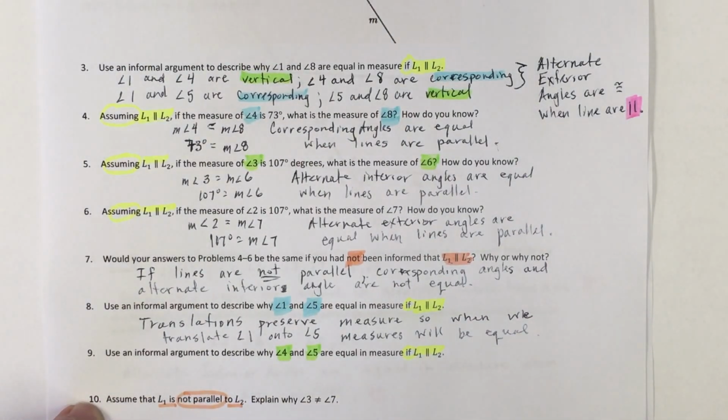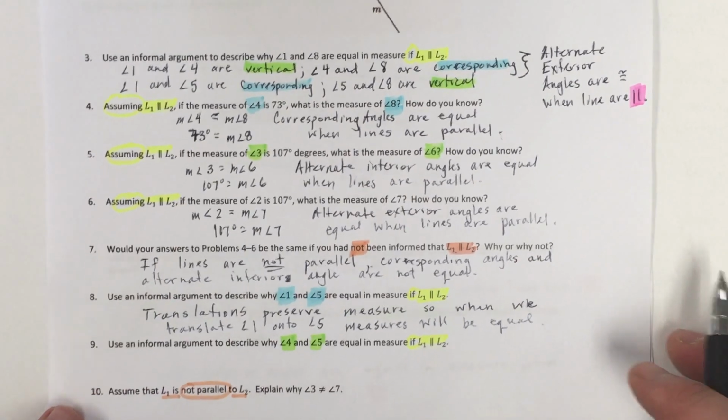Okay, and again, we'll get into that more formally in the next unit. But right now, you know that certain transformations have rigid motion, which means nothing changes about them.